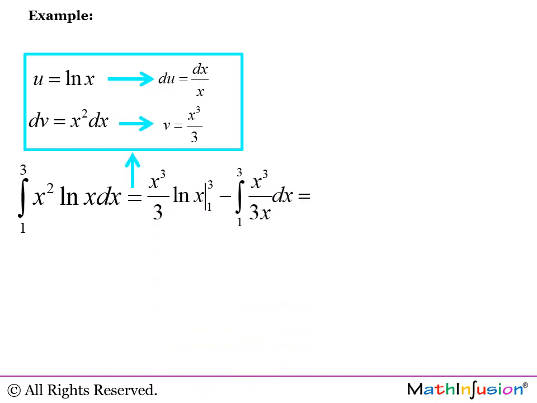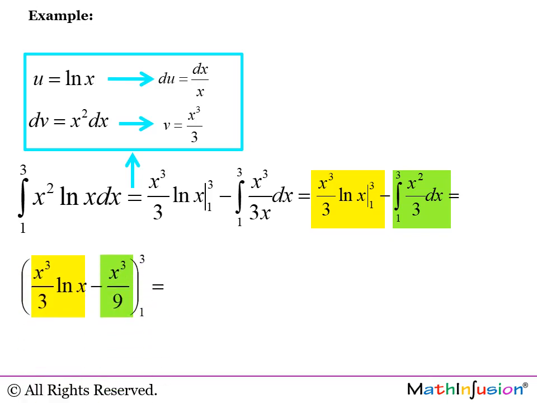So here is the setup of the integration by parts. Don't be alarmed by this integral now, because this is just x to the power of 2 over 3 after cancelling one of the x's in the numerator and the denominator. So this is an easy integral, and we get x cubed over 9.